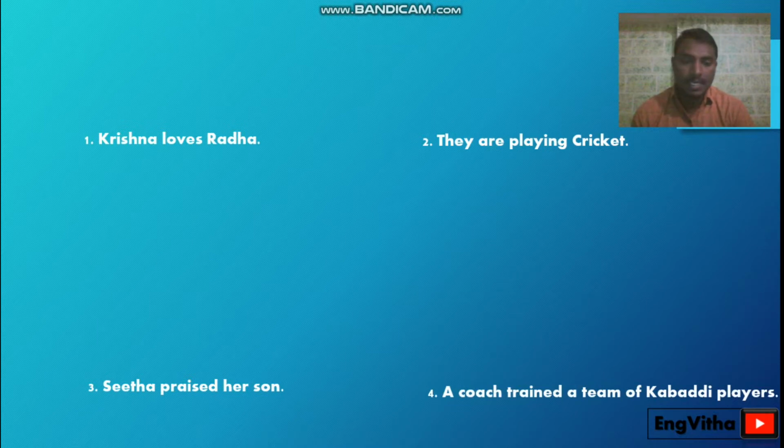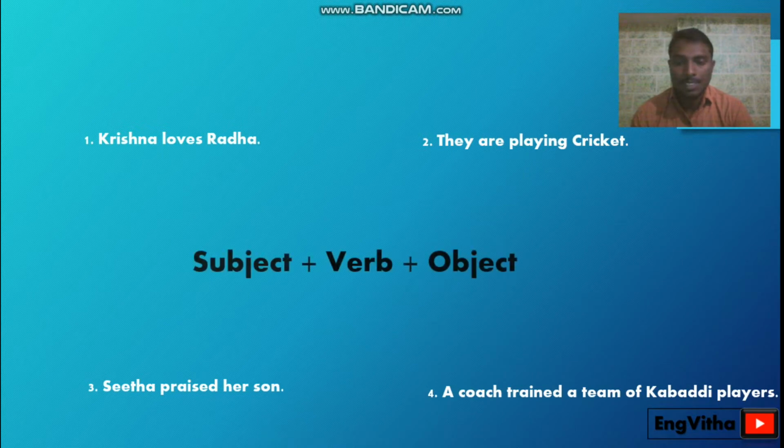In these four sentences, if we observe, a formula is involved: subject plus verb plus object. This is the formula we use in the English language to make correct English sentences. Let us observe how this formula is involved in these four sentences.